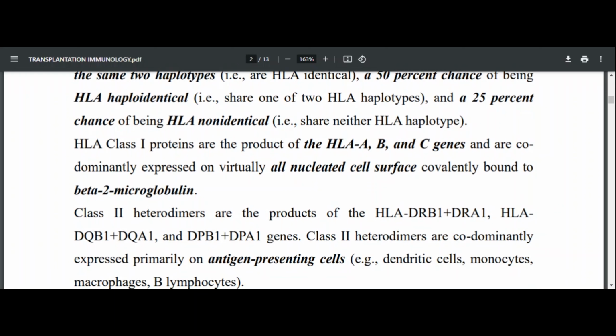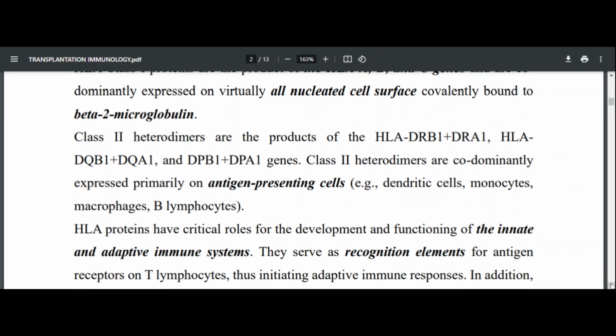Class 2 heterodimers are codominantly expressed primarily on antigen-presenting cells, including monocytes, dendritic cells, macrophages, as well as B lymphocytes.